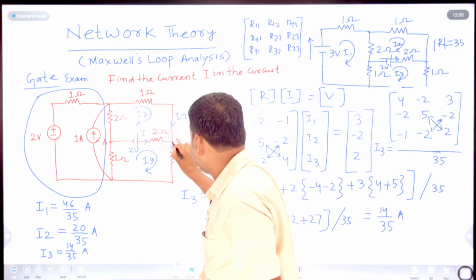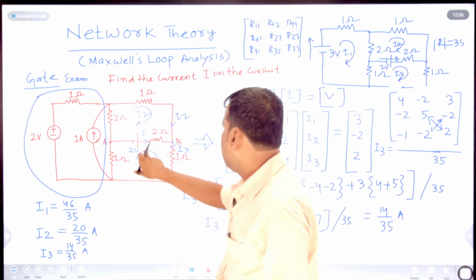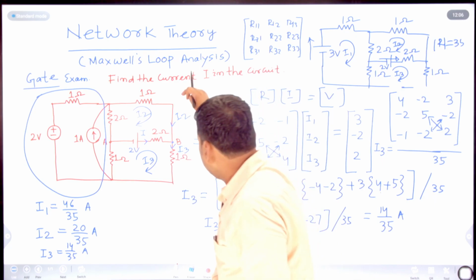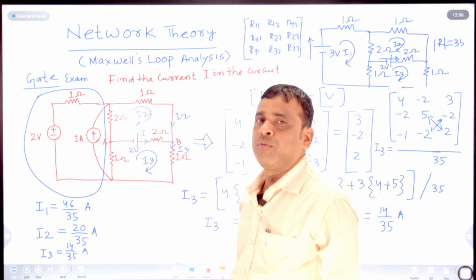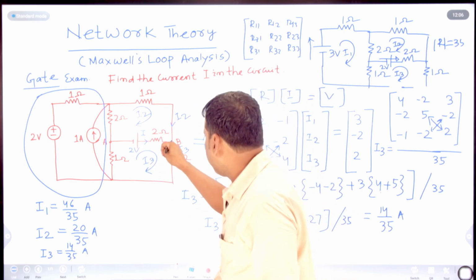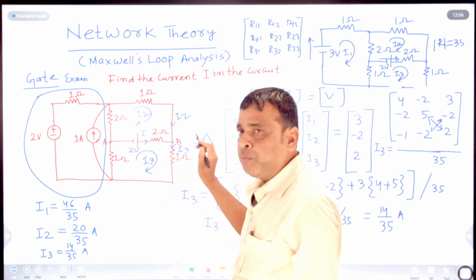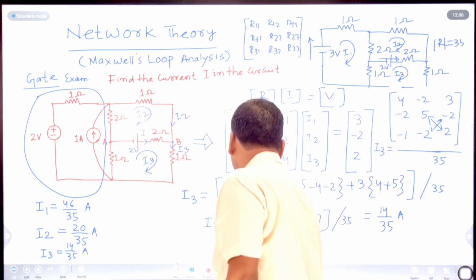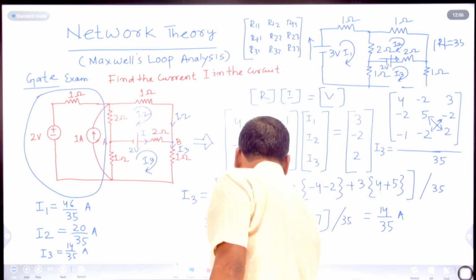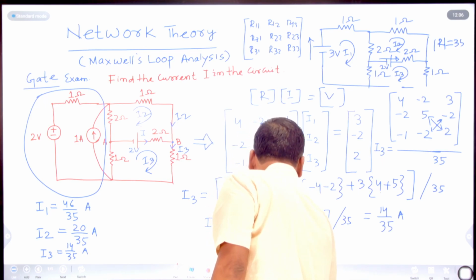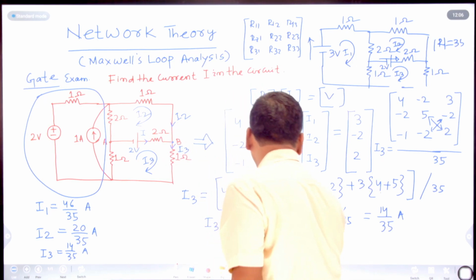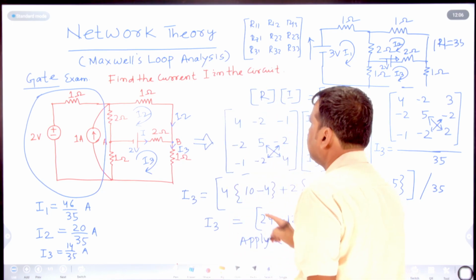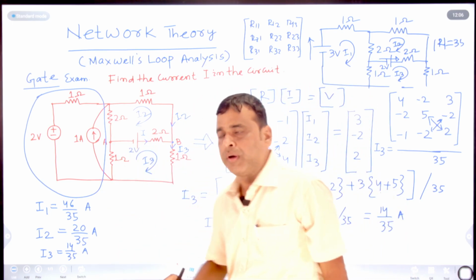If you apply Kirchhoff's current law at this point, here is incoming current I, here also incoming current, and this is the outgoing current. If you apply KCL, Kirchhoff's current law, at point B, what will you find? Incoming current equals outgoing current.